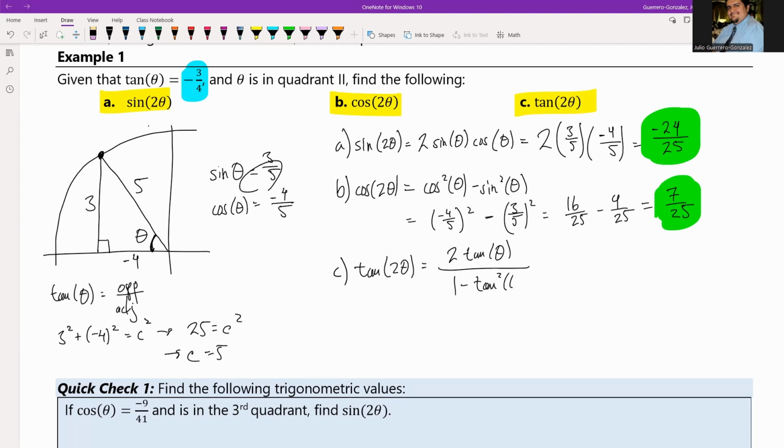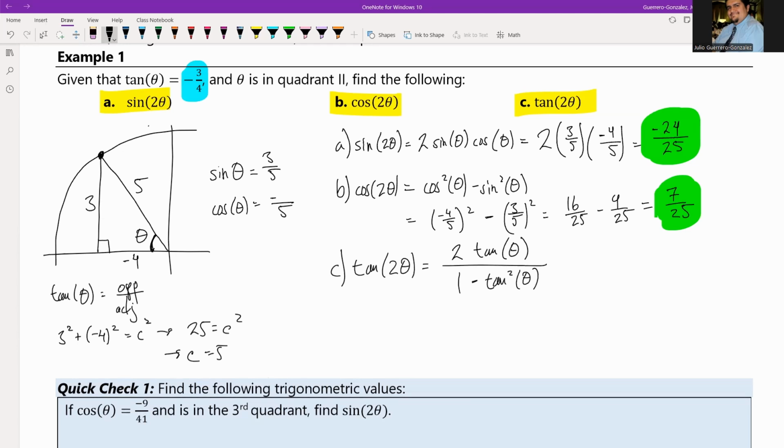All right, that's annoying. Okay, C. We need tangent of 2 theta, which according to our formulas is 2 tangent theta over 1 minus tangent squared theta.